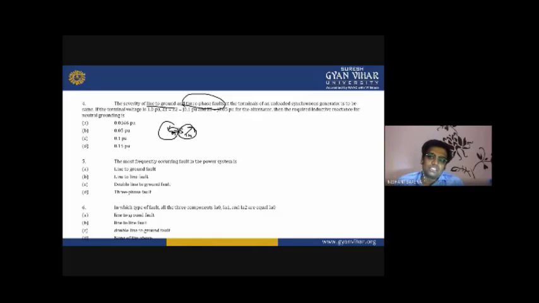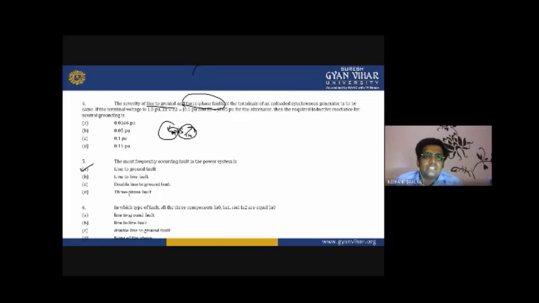In the distribution systems, faults occur due to short circuit between two lines, the falling of trees, birds, rainy seasons, breakage of the line conductor, and various other factors. So most of the faults occur on the distribution side, and the maximum category is the line to ground fault. So the correct answer is line to ground fault.